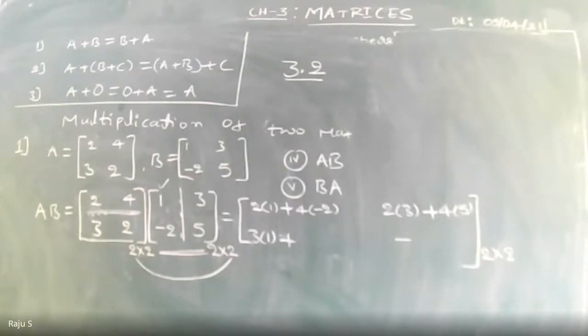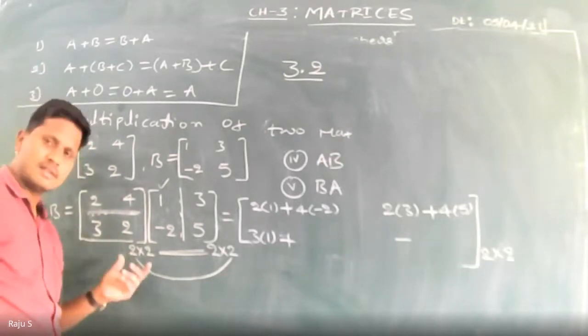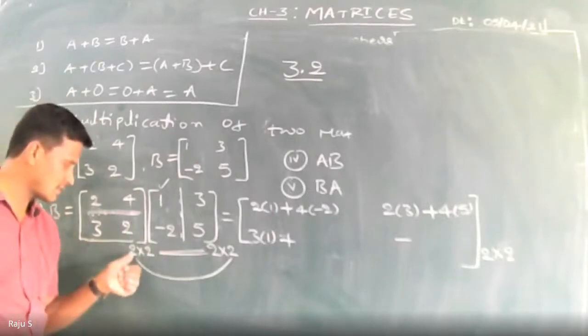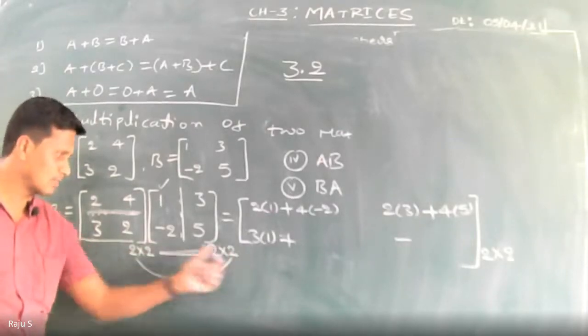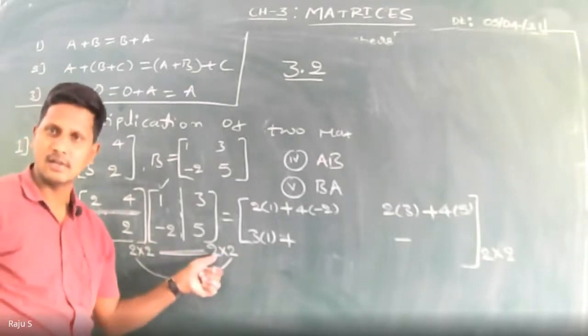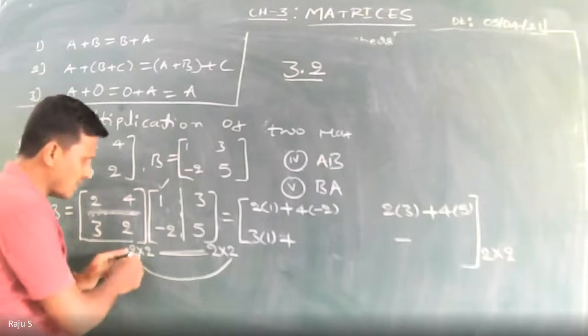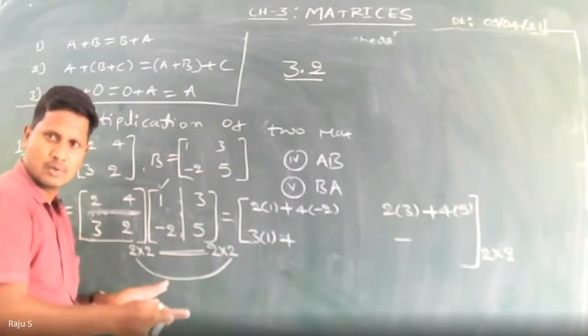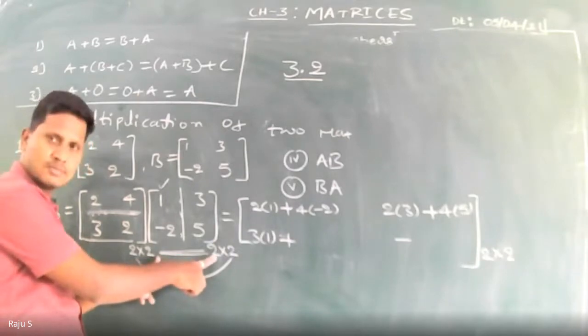In this question, it is not compulsory that your rows are equal to columns, but columns must be equal to rows. That is the condition. The first and last may or may not be equal, we don't think about that. But these two values must be equal.